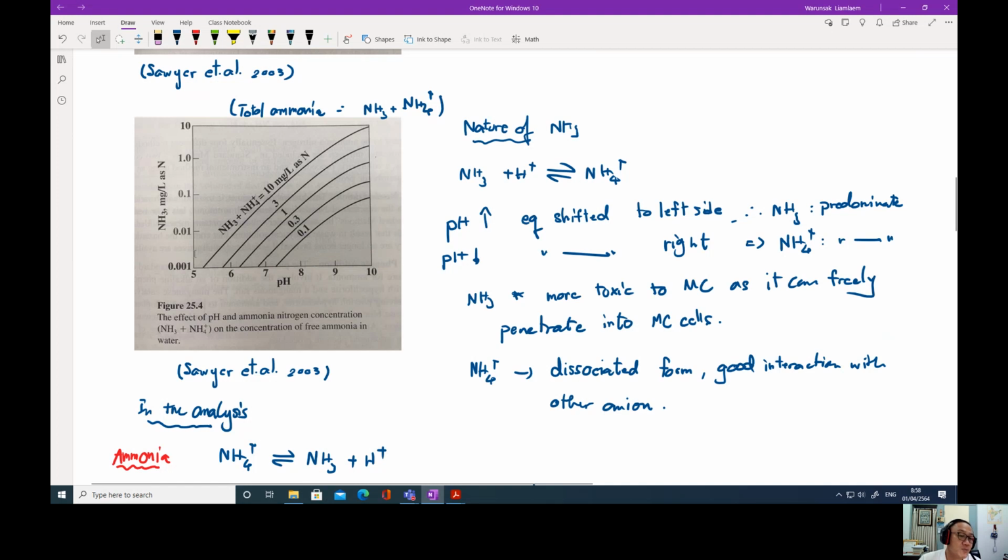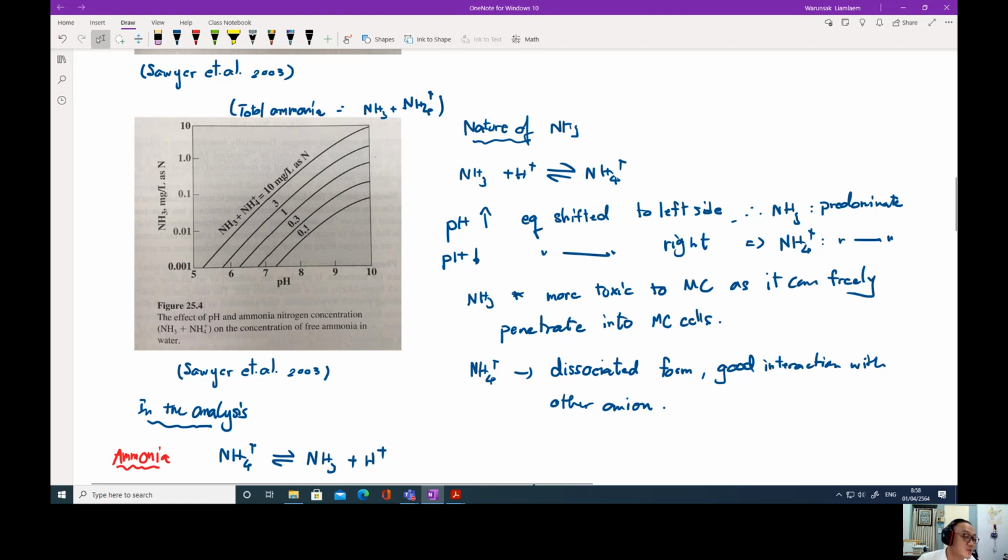So the greater the pH, the greater the concentration of ammonia NH3 found in the water sample. This one shows the total ammonia nitrogen, both NH3 and NH4 forms.